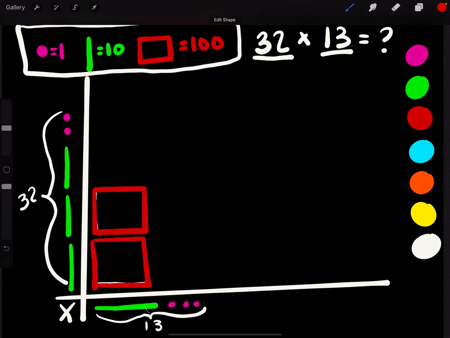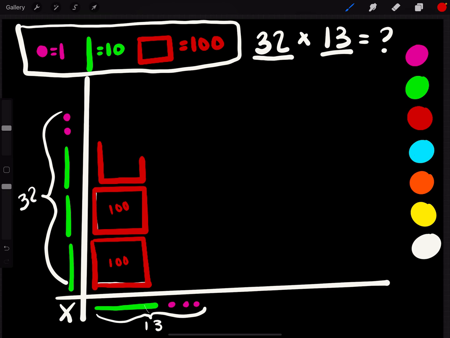Good job. Now if we look at the third 10 of 32, it's going to be 10 up and 10 across again. So we know, because we've done 2 other ones, we have 100 here, 100 here. Our next one is going to be 100 as well.